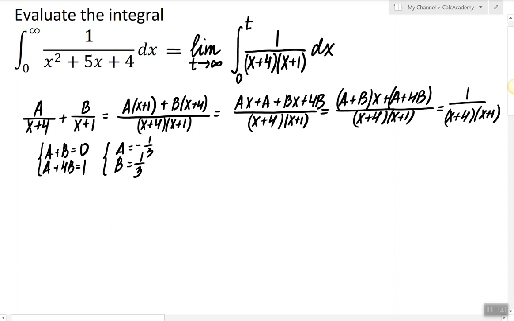So the integrand therefore can be rewritten as 1/3 over x plus 1 minus 1/3 over x plus 4 dx.